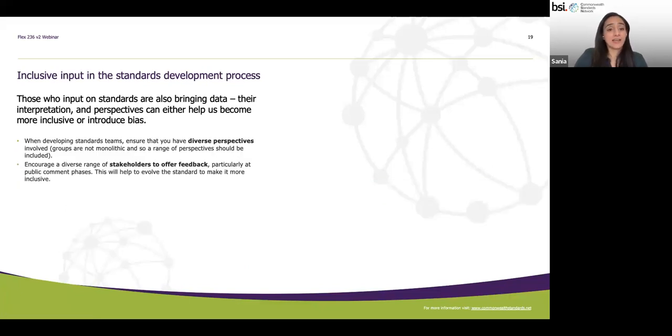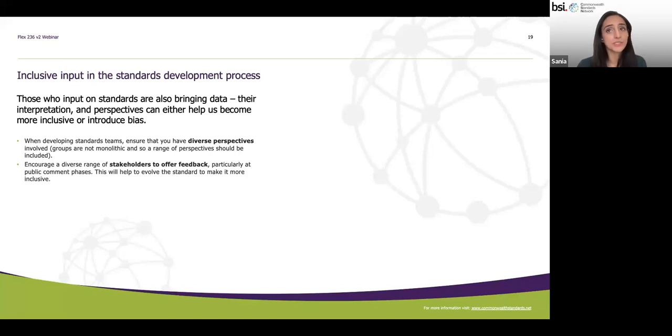Next then, as discussed, we all have some form of bias, conscious or not conscious. Therefore, it's important to understand that standards makers could bring that potential bias with them into the process. More specifically, it could influence their perspectives, how they interpret data and what's needed, and how those perspectives can help us either become more inclusive or actually introduce further bias.